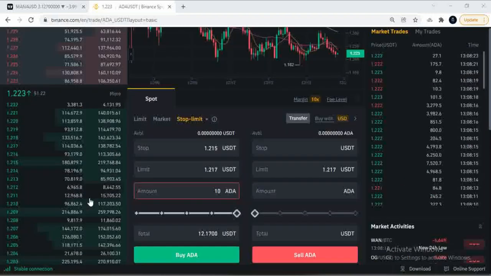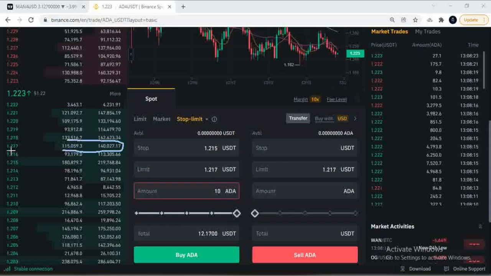So it will not be complete, it won't execute at that time. You can expect the price to buy from this to this. So the whole of this I'm going to have to buy until my total quantity is achieved. So this is the essence of a stop limit order, and it's similar for a sell and also for a buy.